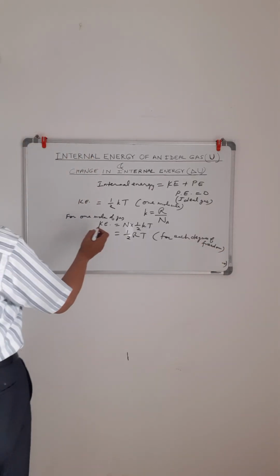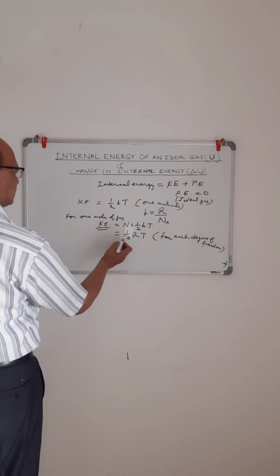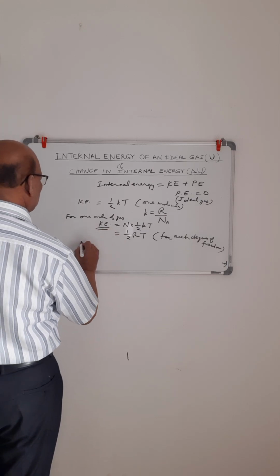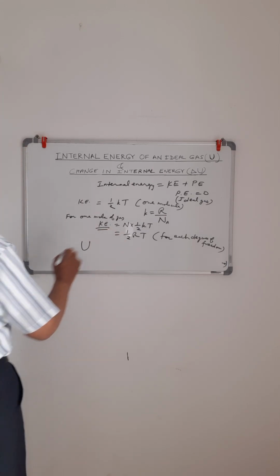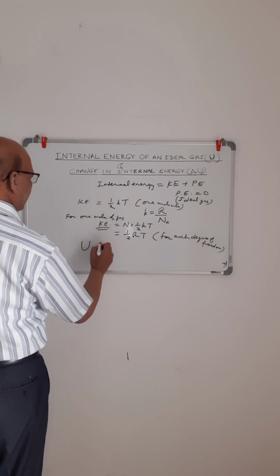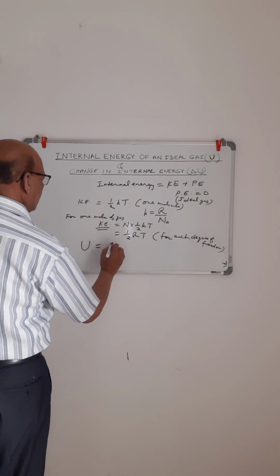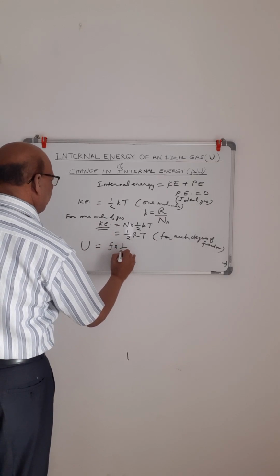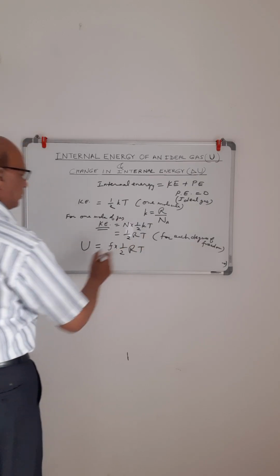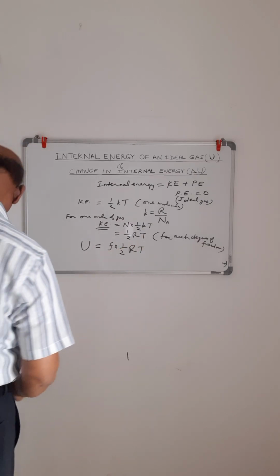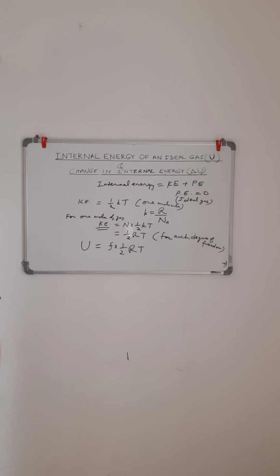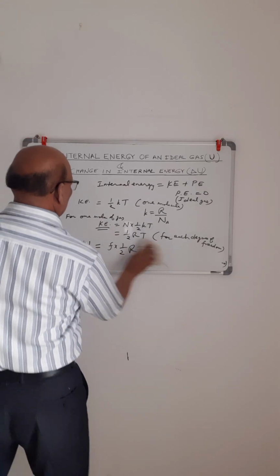And we know that kinetic energy is nothing but this internal energy. So we can say that internal energy U for 1 mole of an ideal gas will be equal to F into half RT, where F is the total number of degrees of freedom. This is for 1 mole.